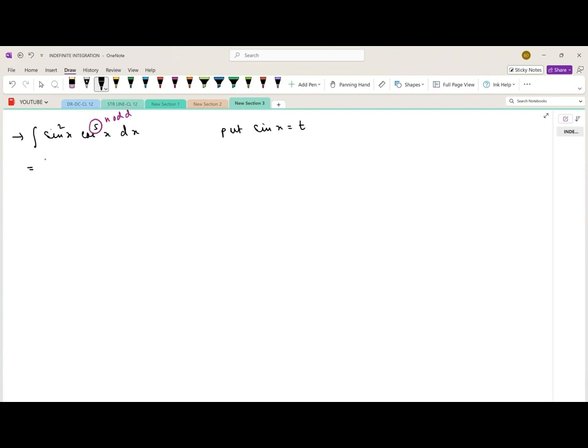So break this as sin square x, cos square x whole square, and then 1 cos x with dx. So when you use this substitution, you end up with the expression integration t square (1 minus t square) whole square dt.